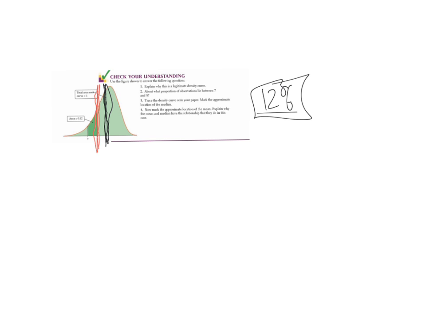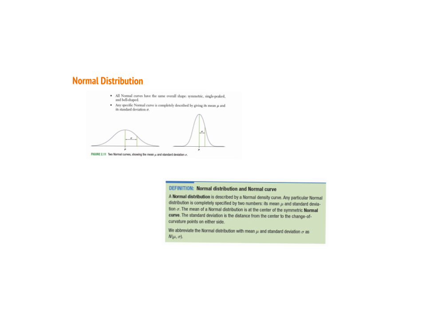Let's move on. So the normal distribution is the density curve of a symmetric, single-peaked, bell-shaped graph, okay? That's what we're looking at. We're looking at the density curve of that. Now, when we describe a normal distribution, we're going to describe it with its standard deviation and the mean.